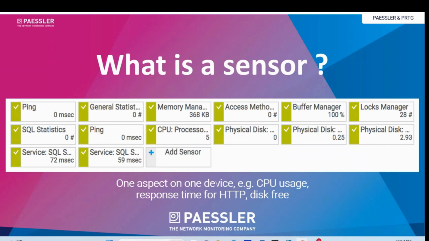So if you have 50 devices in the network, 50 multiplied by 10, you may require 500 sensors. So you have to go for a 500-sensor PRTG Network Monitor tool.